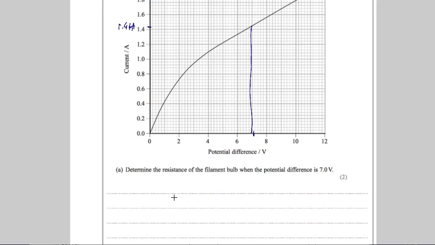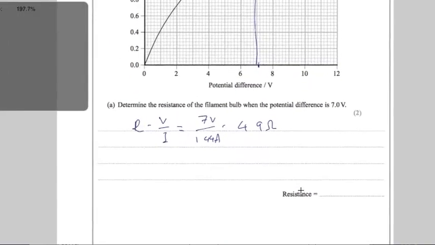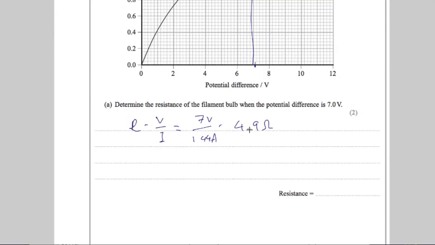It is literally the voltage divided by the current. So resistance is V divided by I. So it is 7 volts divided by 1.44 amps, which gives about 4.9 ohms. That's it. So the common misconception is that you need to find the gradient. You do not. All you need to do is just do voltage divided by current. So 4.9 ohms.